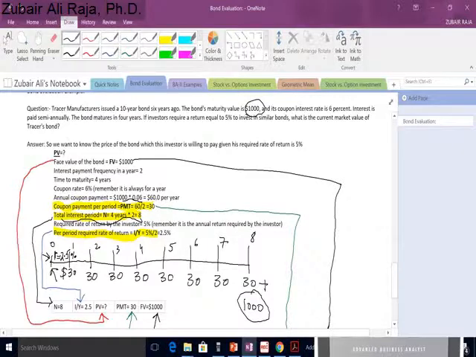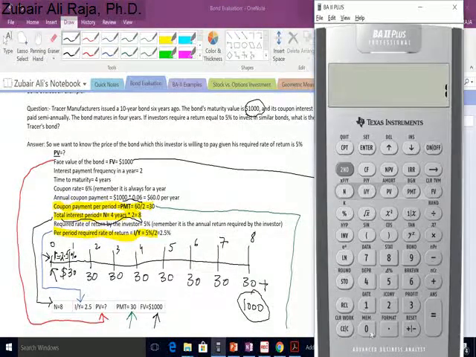So we need to punch this 1,000 into the future value. We first enter 1,000 and then press the future value button. So this 1,000 is going over there.